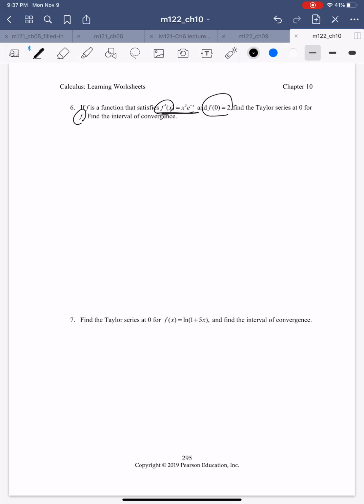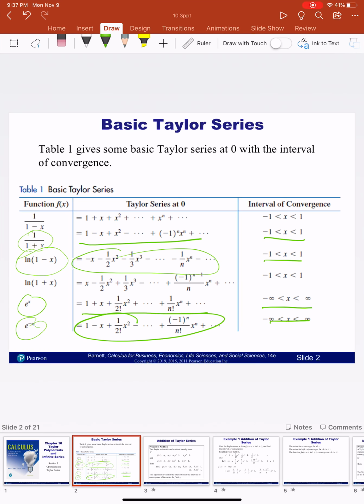So f prime of x, that's what we are given: x cubed e to the negative x. And then I'm going to pull out x cubed and replace this with our table: 1 minus x plus 1 over 2 factorial x squared minus 1 over 3 factorial x cubed, and so on.